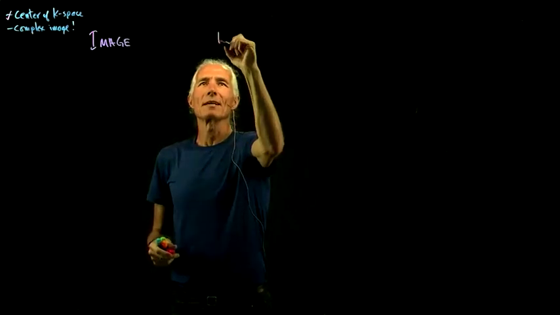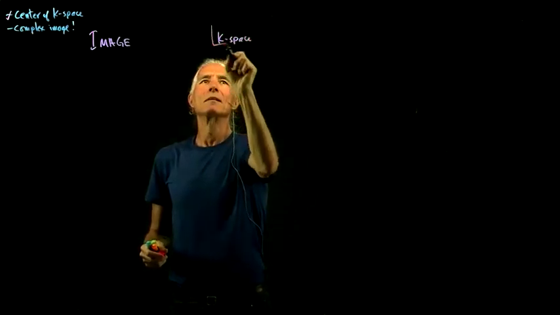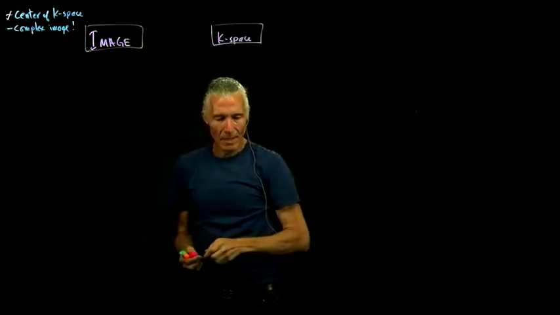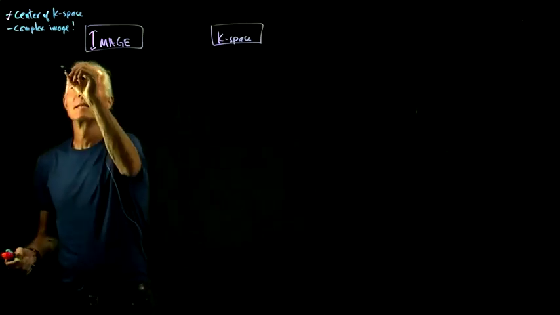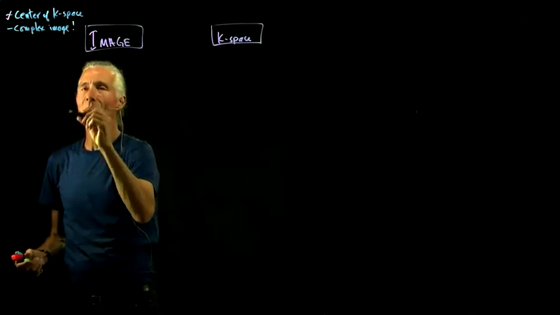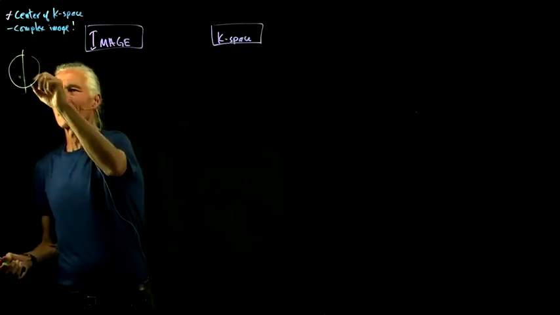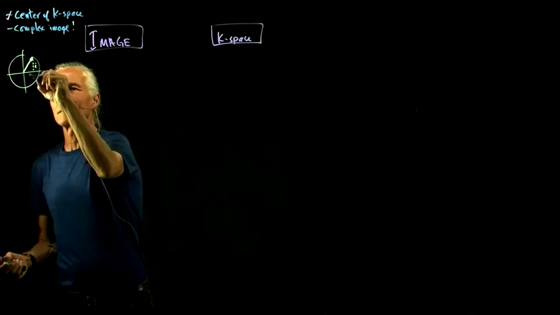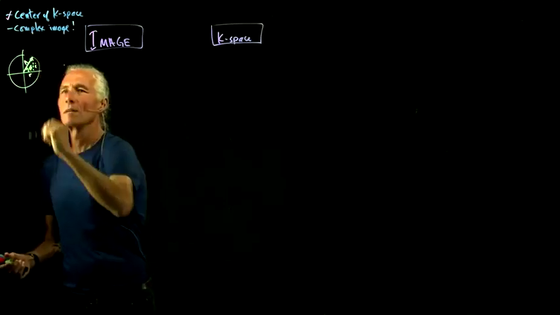And so this is our k-space. Okay, so for our complex image, just remember once again, it's just a complex vector right there, and we've got a real and an imaginary part and some angle and amplitude.